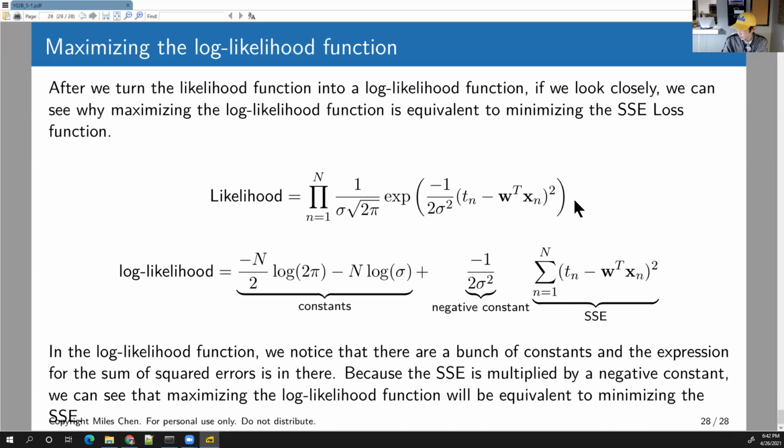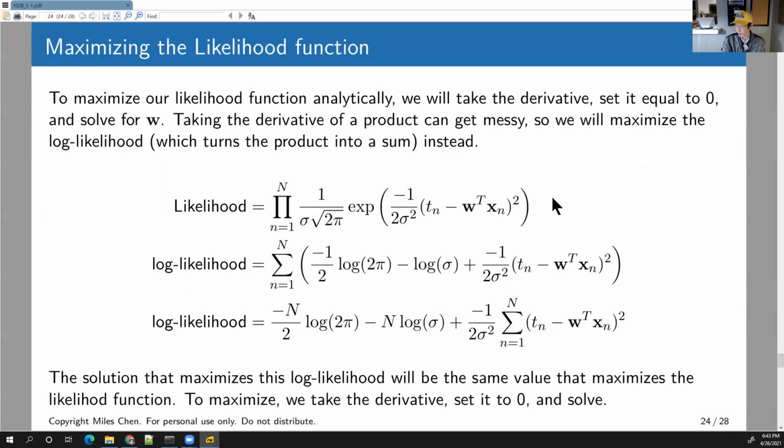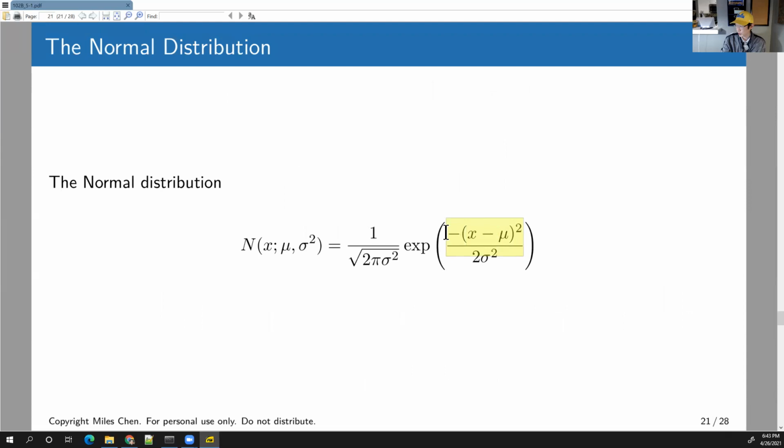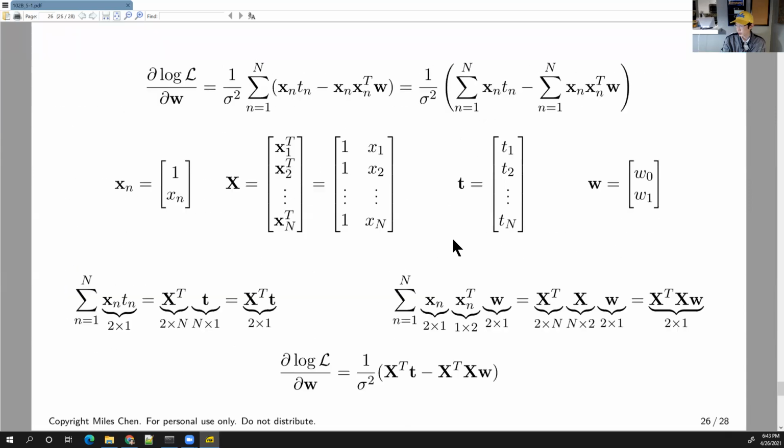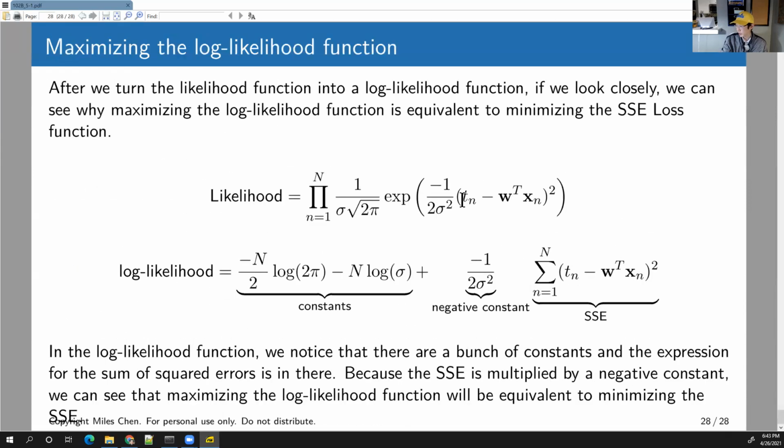I want to point out that it's not a coincidence that it works out this way. If we look back to the Gaussian, the reason why it's equivalent is in the expression for the normal distribution. The normal distribution looks like this, okay? That part, x minus mu squared, when we write down our likelihood function, we have Tn minus W transpose Xn, right?